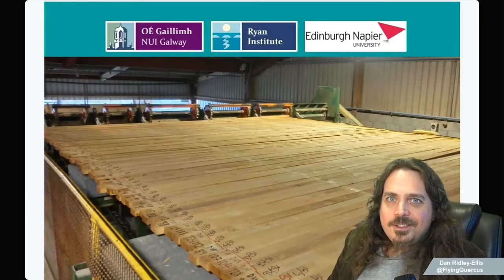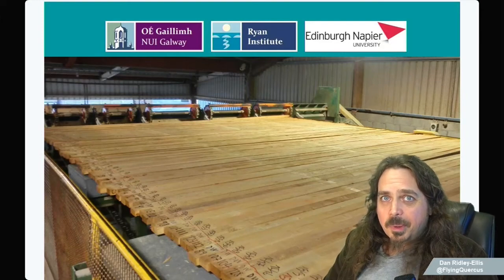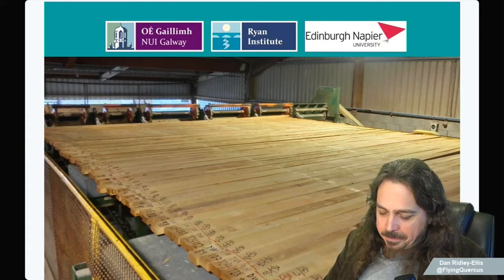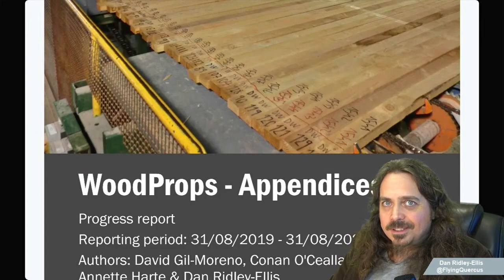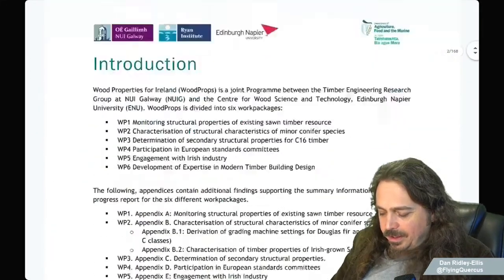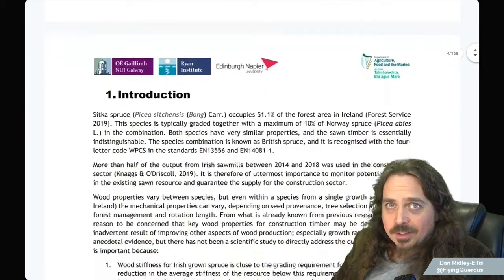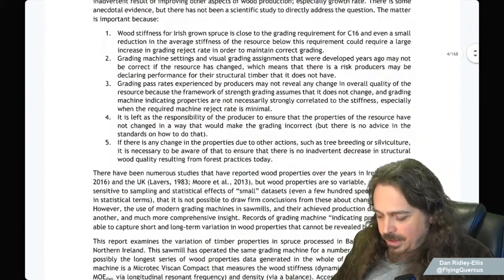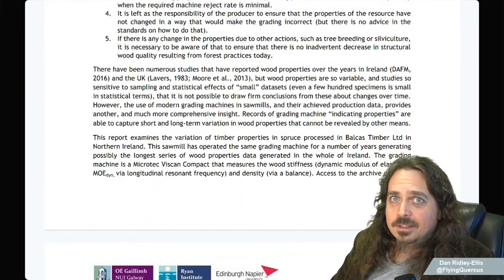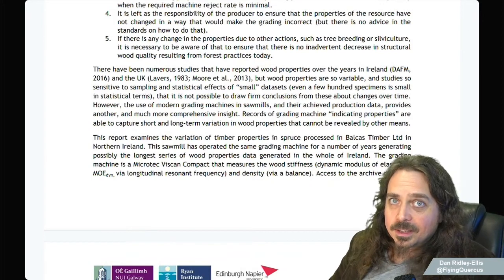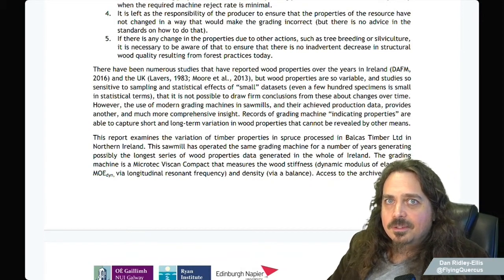So this is the project report, or the appendix of the project report from Wood Props from NUI Galway, and I want to show you one of the summaries because I think the data is really interesting, really exciting. So one of the things that we were concerned about was that forestry, aiming for things like yield and stem form, had some inadvertent negative consequences on the key properties for grading, particularly stiffness, because stiffness is the limiting property for spruce.